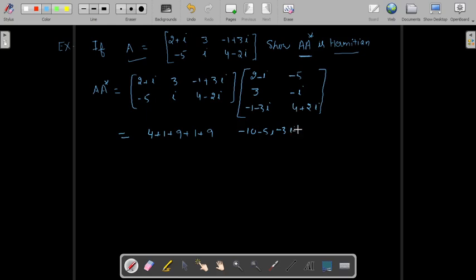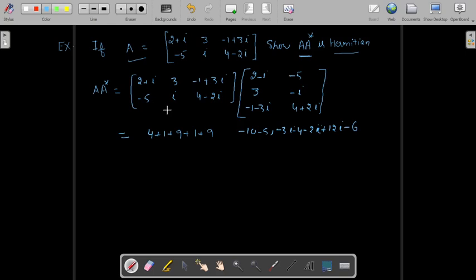This becomes minus 4 minus 2 iota. Next plus 12 times iota. This is iota here: 3 into 4, so 12 iota. And next, minus 3 into 2, 6.